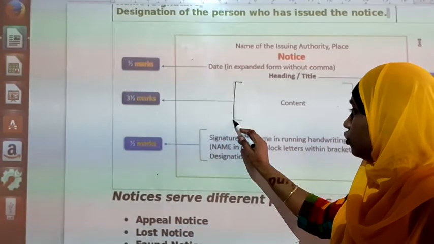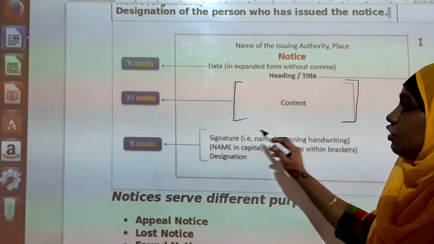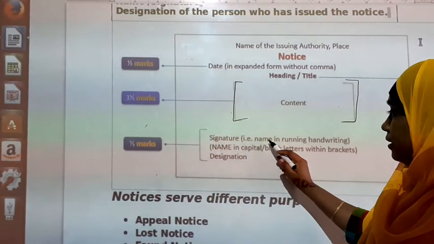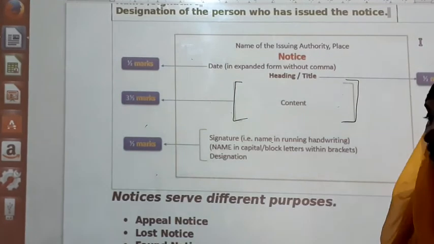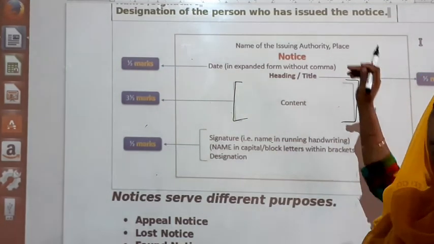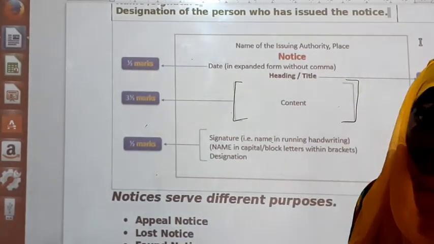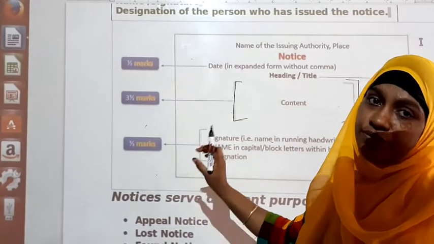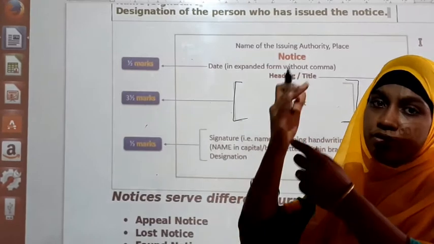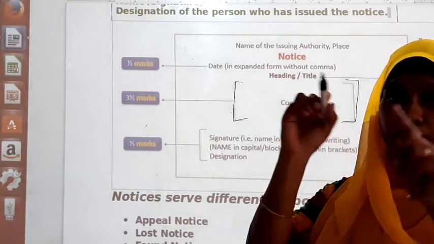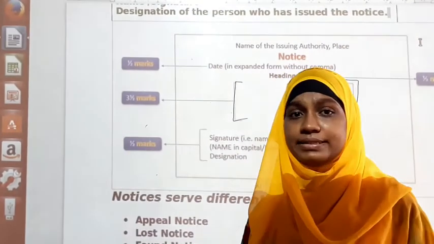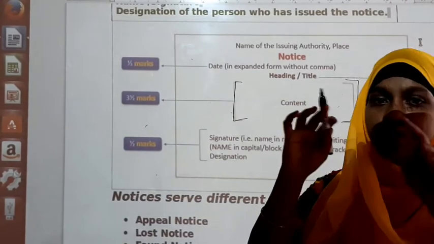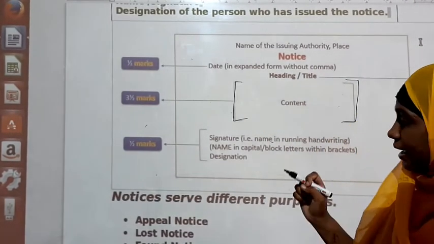The content you write will carry 3.5 marks. In the end you write the signature, name and designation. If the name of the principal is given, then in brackets you write principal, and if it is given by the head boy, in brackets you write head boy.